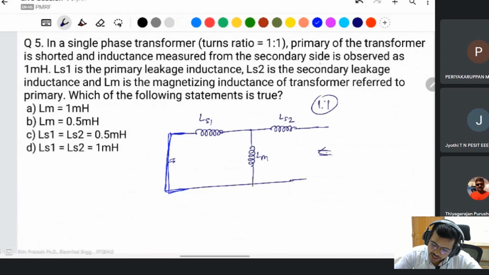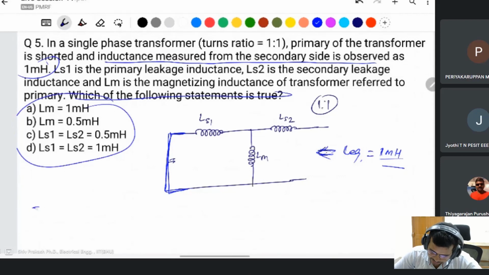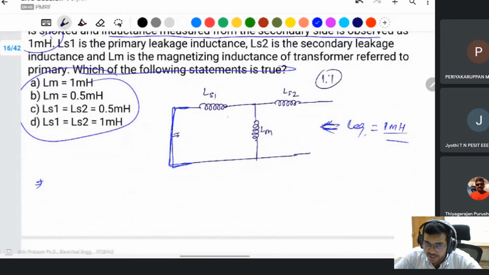Now observe the secondary side, the inductance measured from the secondary side. Then the L equivalent is also given as 1 millihenry. Then it is asking which statement is true. Both are in parallel connection. L equivalent will be LS2 plus LS1 parallel with LM.